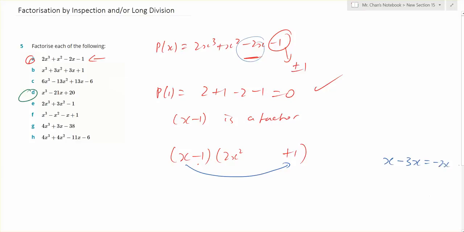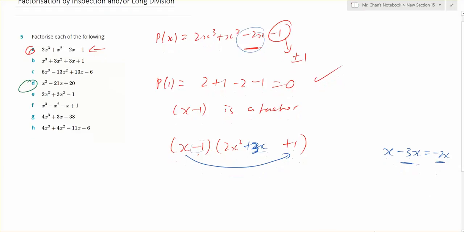The other contributor to the x term would be the negative 1. So negative 1 times what gives you negative 3x? Negative 1 times positive 3x would give me negative 3x, and that would give me negative 2x when I add them together. So positive x here and negative 3x there gives me negative 2x.